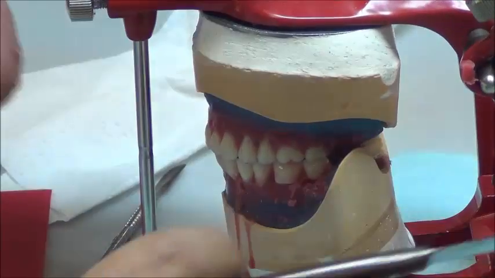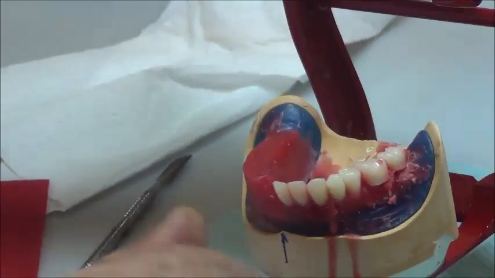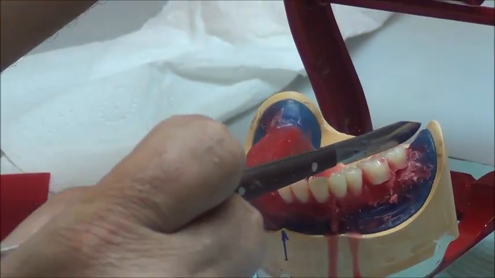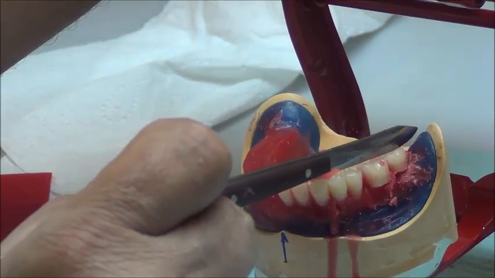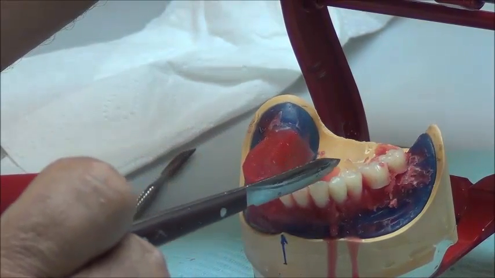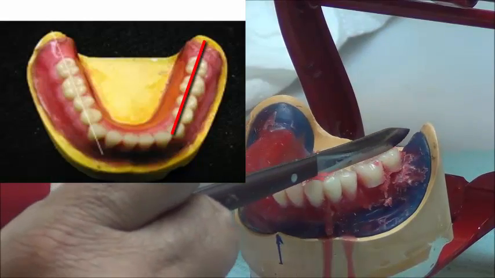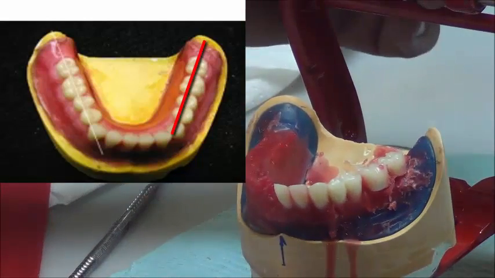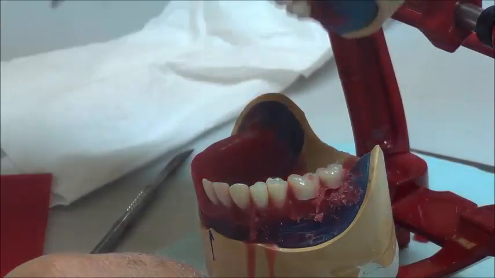So that's how we set lower posterior teeth into location, and we find that the lower posterior teeth, the central fossa of the lower posterior teeth are almost over or slightly lingual than the crest of the ridge.